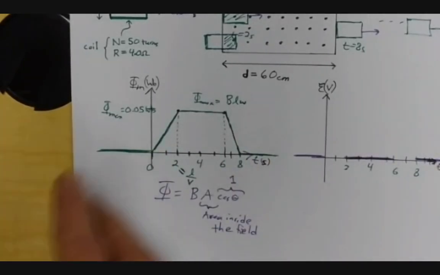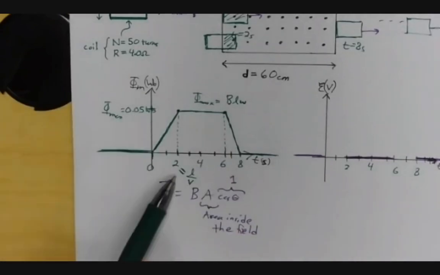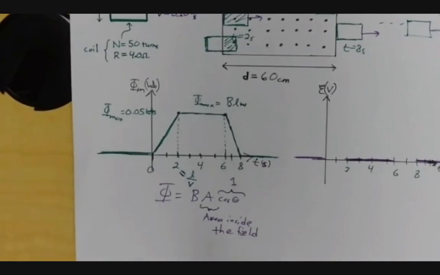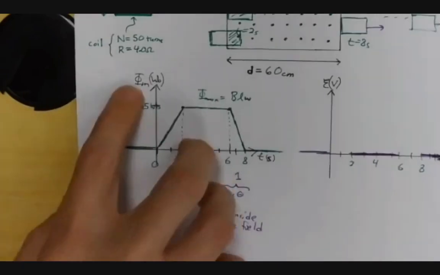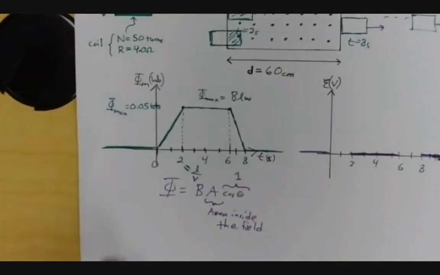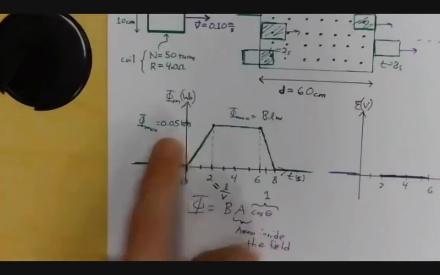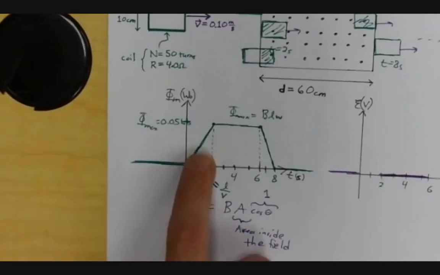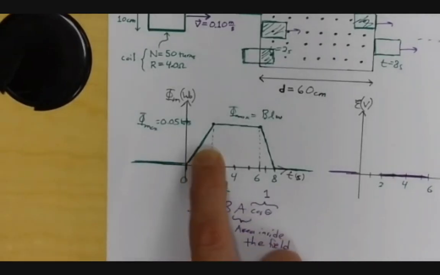We could put numbers to this. Of course, it's 0.05 over 2 seconds, right? That's just numerically the slope. And that'll be the value over here, except we're supposed to multiply by 100 wrappings, or sorry, 50 wrappings. So numerically, the max is 0.05 divided by the interval of time, 2 seconds. The slope here is 0.025, and of course, negative of the same slope.